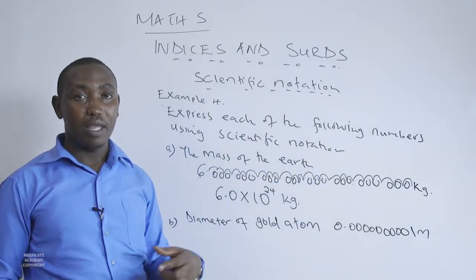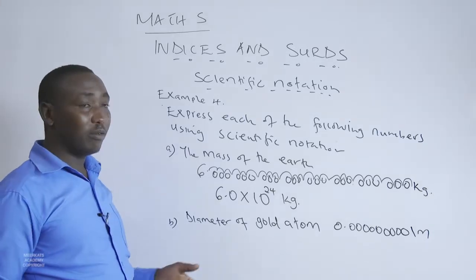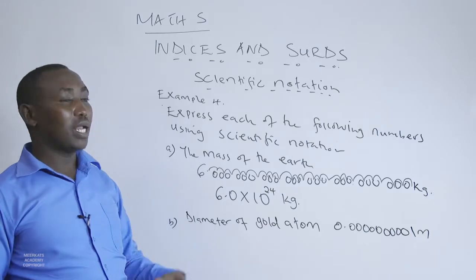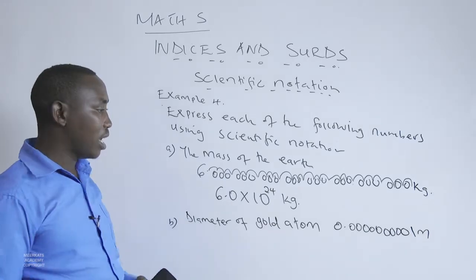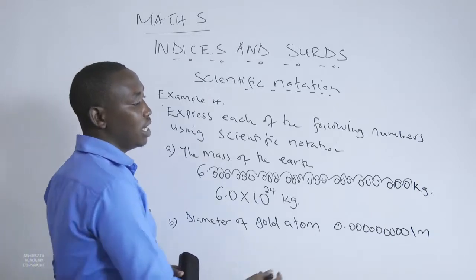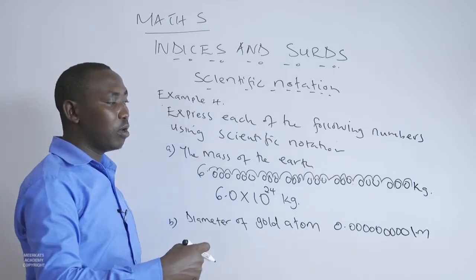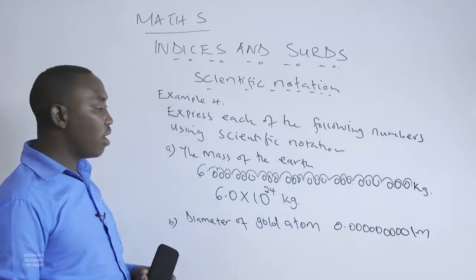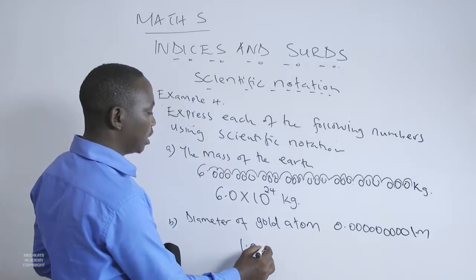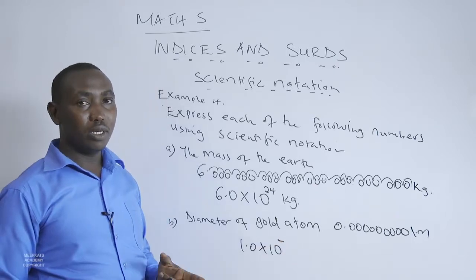Then for the second one, about the diameter of an atom, which is 0.000000001 meter. The number again is very small. So for us to be on the safe side, we write this number in scientific notation. We try to locate where the first non-zero item is, and you can see where it is. So the decimal point will be after that first non-zero value, which will be 1.0 times 10 raised to. It is going to be negative. Reason?